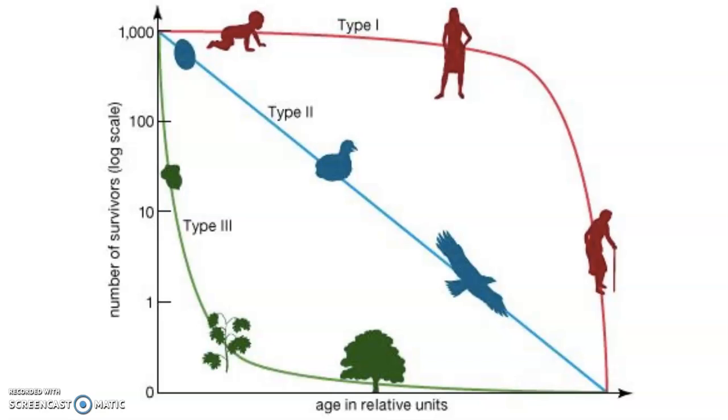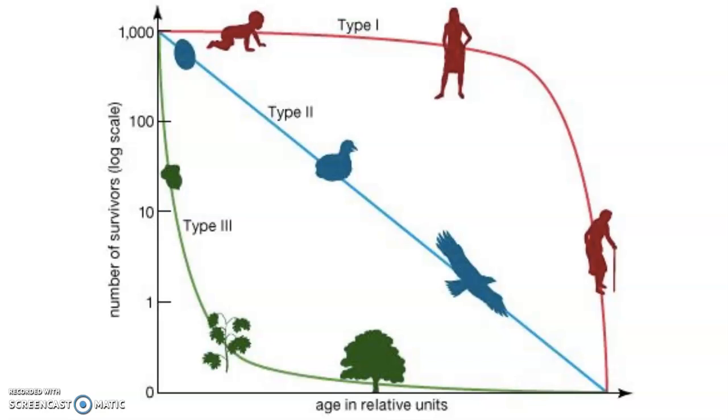And then finally, in the green, we see our type 3, and that's going to be our insects, our rodents, our oysters. They tend to think about reproduction, so they spend a lot of energy in producing as many eggs as possible, as many offspring as possible, and that's because they don't give parental care, little to none, and a lot of their young die off very quickly.